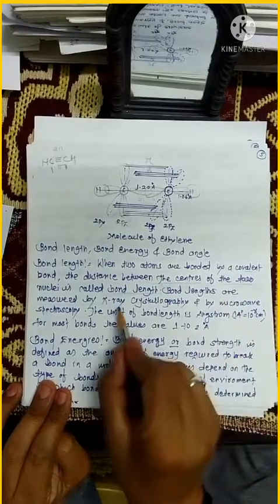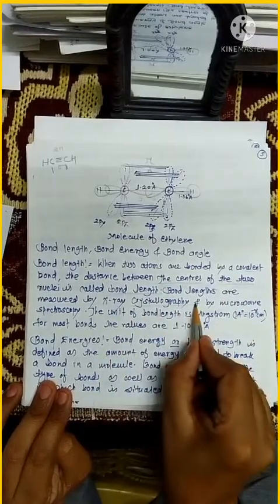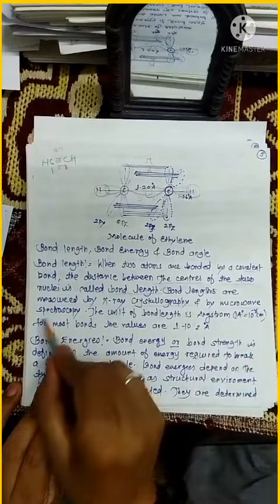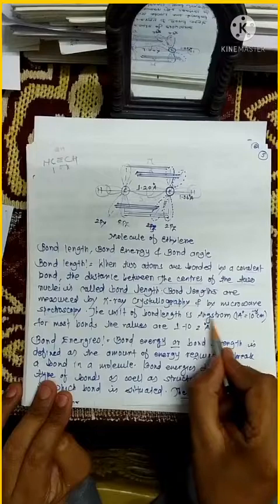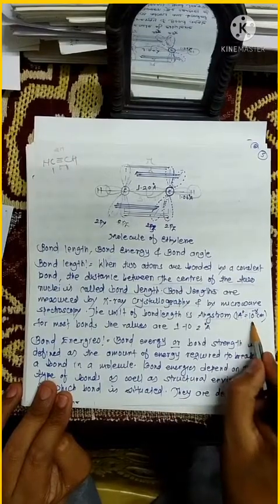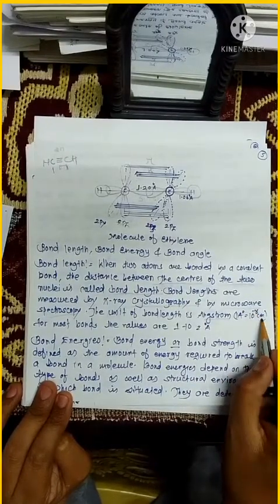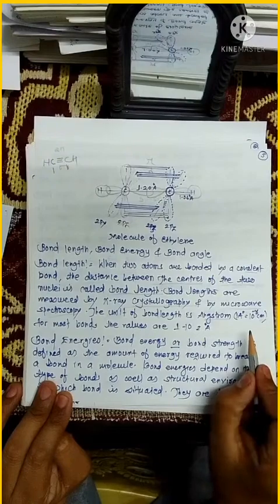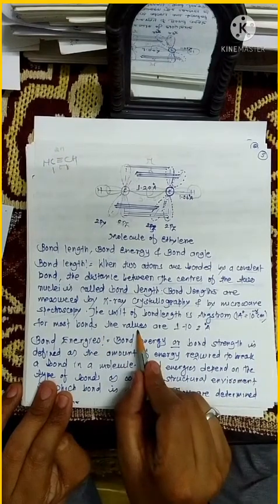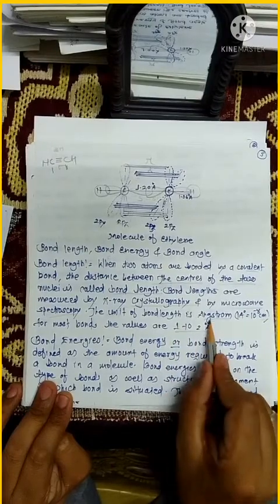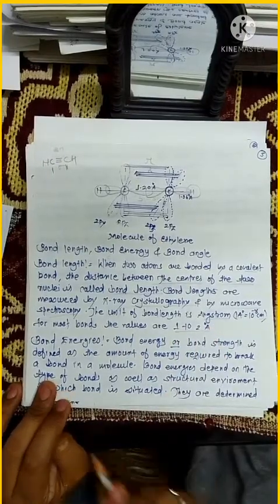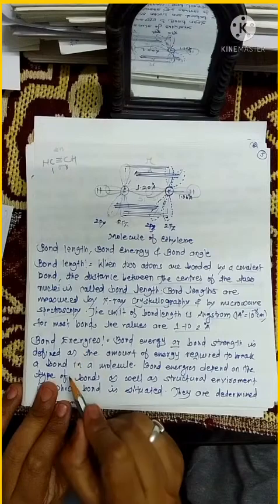Bond lengths are measured by X-ray crystallography and by microwave spectroscopy. The unit of bond length is Angstrom. 1 Angstrom is equal to 10 raised to the power minus 8 centimeter. For most bonds, the values are 1 to 2 Angstrom.